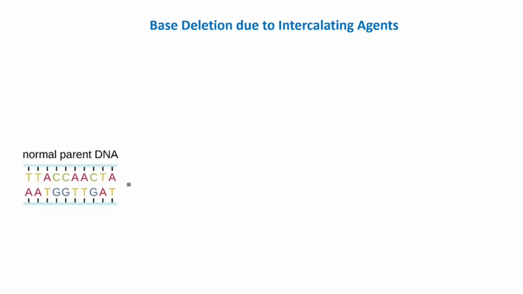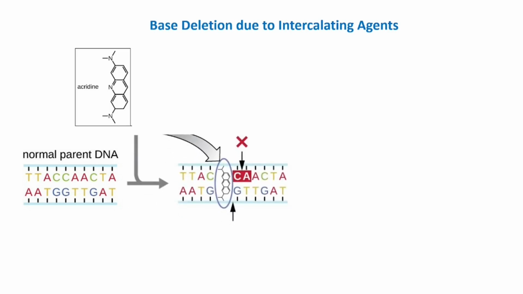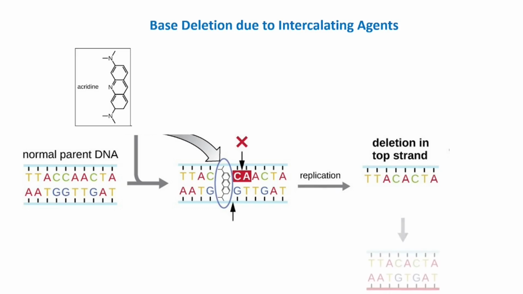An intercalating agent like acridin orange inserts itself into the new DNA strand in the place of a base, and then when that DNA helix replicates after the intercalating agent is lost, the result is a base pair deletion mutation. This too leads to a frameshift mutation, as we have seen.